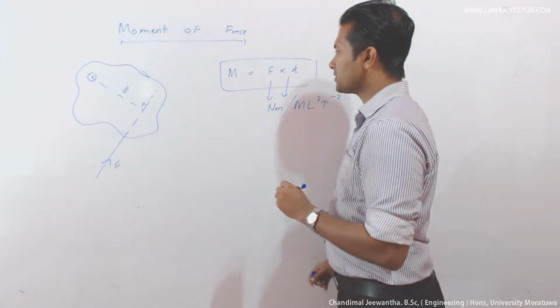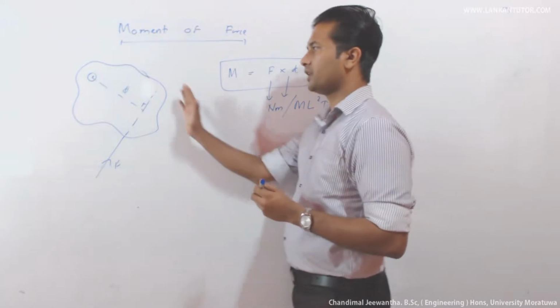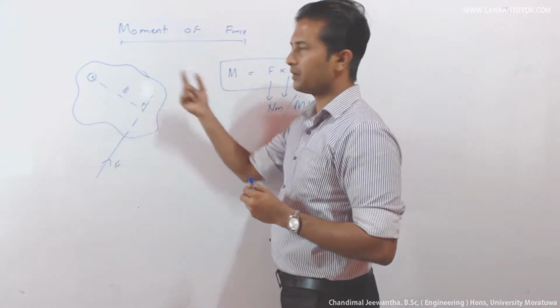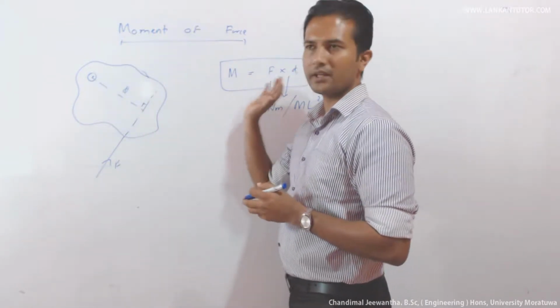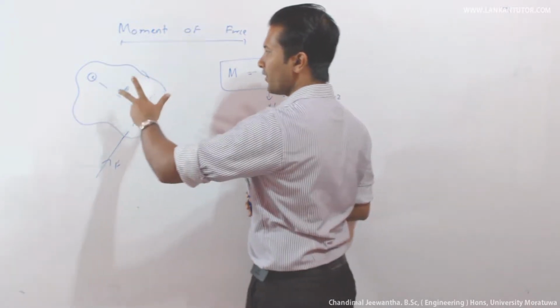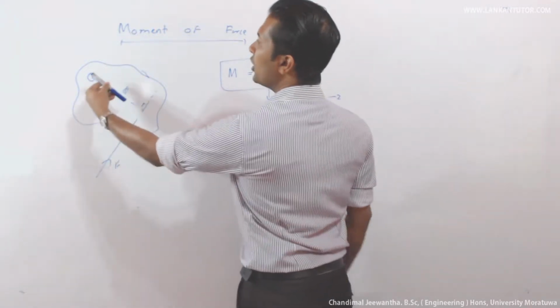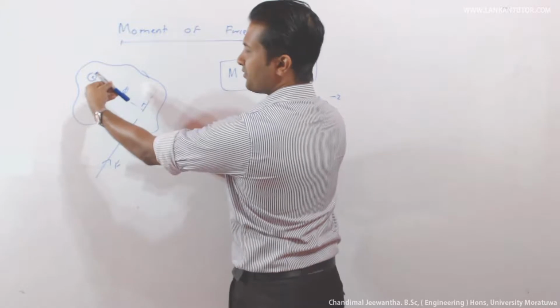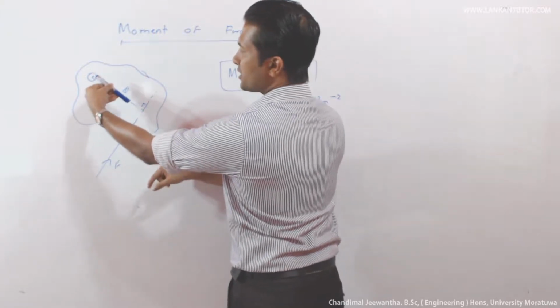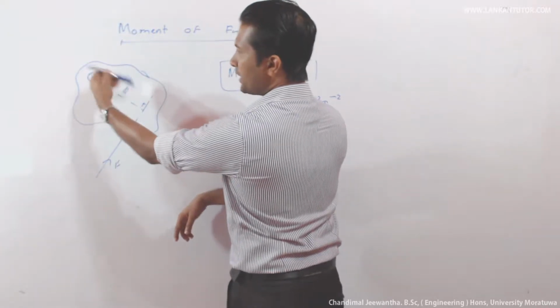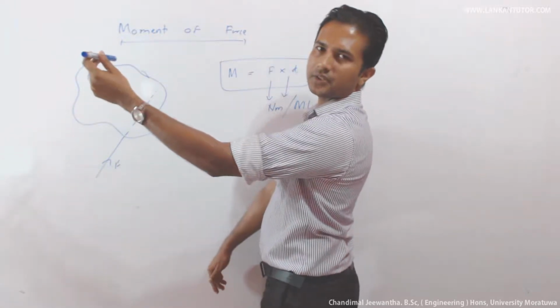Now we can consider the direction of the moment. In order to get the direction, we know that due to the presence of this force, the object rotates in the anti-clockwise direction.